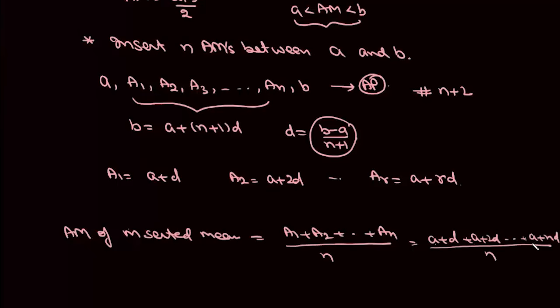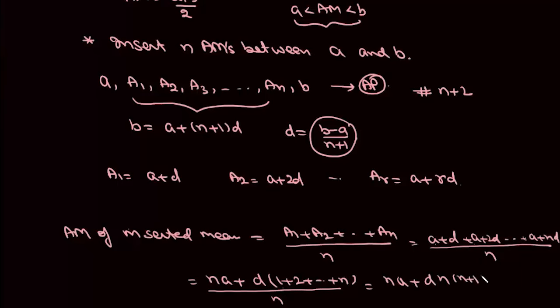Now this is a plus a, n times, so this is na, and if we take d common, this is 1 plus 2 plus 3 up to n, whole divided by n. Now this is the sum of the first n natural numbers. So this is na, and this is (n plus 1) by 2, whole divided by n. Now this n will cancel.